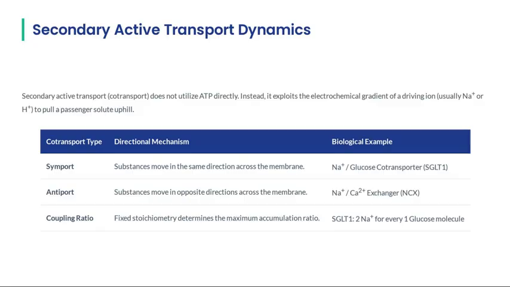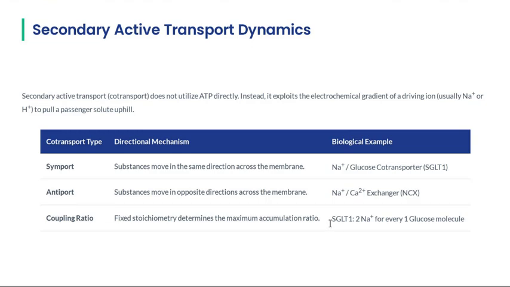The first one is substances move in the same direction across the membrane, like Na+ with glucose co-transporters. Second, we have substances that move in opposite directions across the membrane, like Na+/Ca2+ exchangers. Or we have something called a coupling ratio, where fixed stoichiometry determines the maximum accumulation ratio, which is 2 Na+ for every 1 glucose molecule.